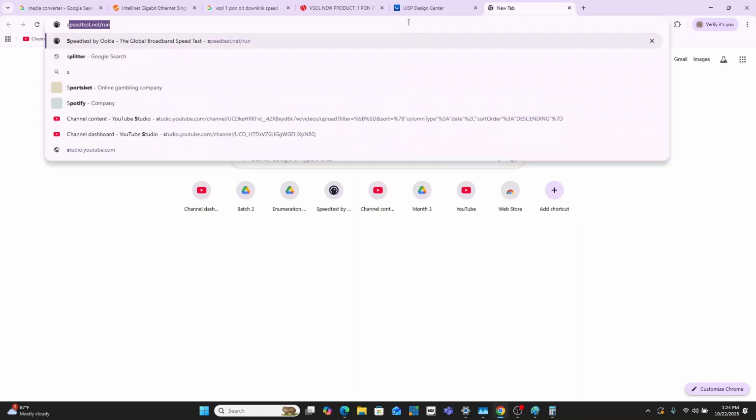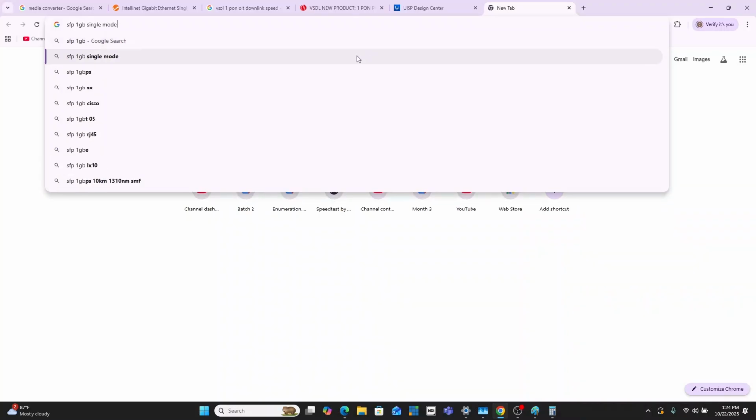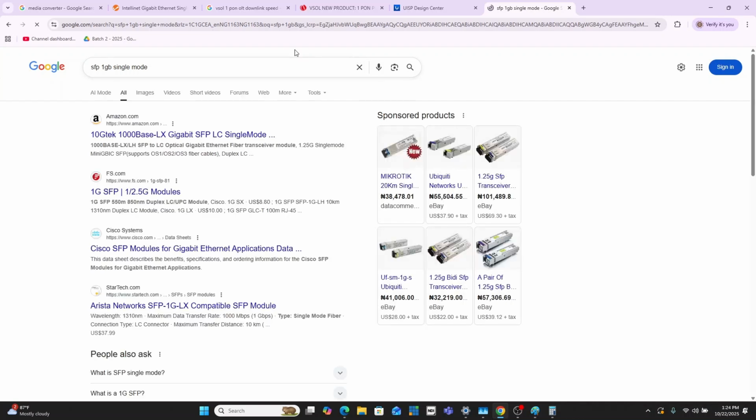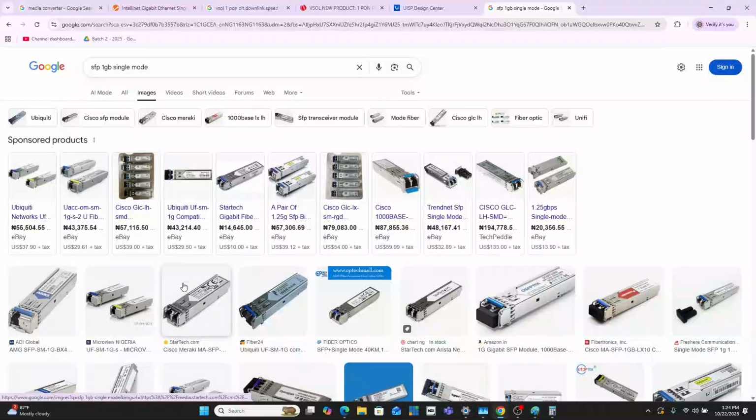We have a normal SFP. If I look for SFP 1 gig SFP single mode, if you look at the images, something is prevalent in the images. What's prevalent?